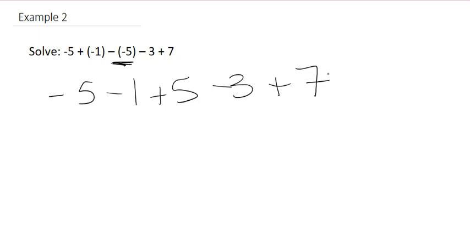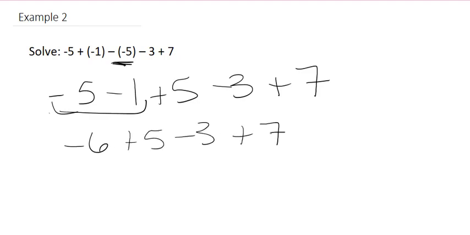When we do the first numbers, negative 5 minus 1, it becomes negative 6. So we have negative 6 plus 5 minus 3 plus 7. Now negative 6 plus 5 becomes negative 1. So negative 1 minus 3 plus 7.